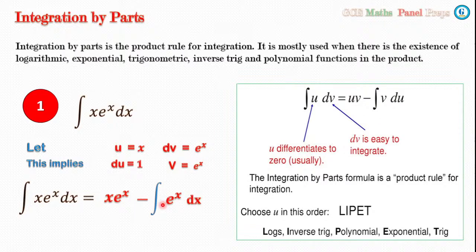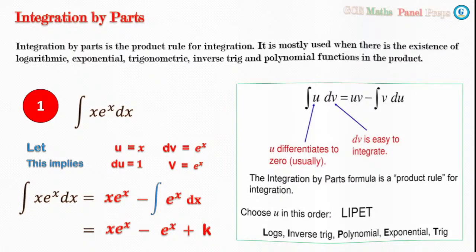Now we know the integral of e to the power x dx is just e to the power x. So this integral now becomes x e to the power x minus e to the power x plus the constant of integration. So this is integration by parts.